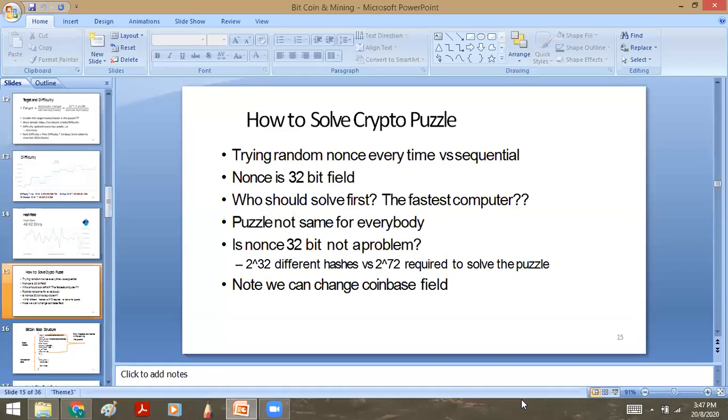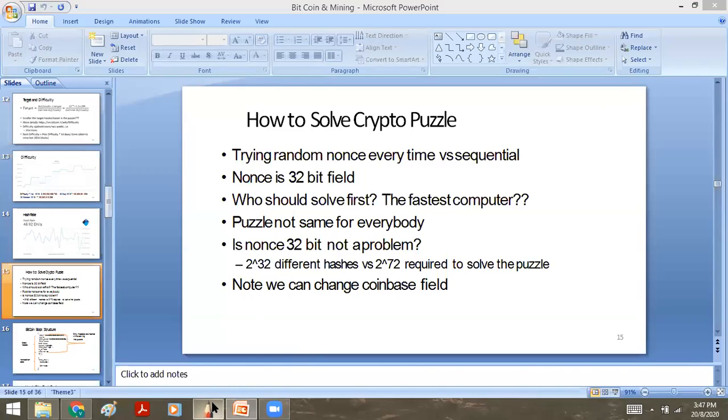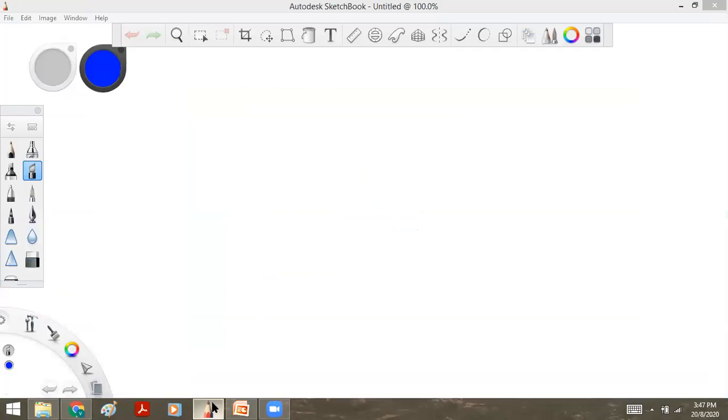So how to solve a cryptographic hash puzzle? This is something we'll try to understand. Before going into this, I'll give a brief understanding of what this puzzle is actually all about. Let me use my slate and explain what this puzzle is.